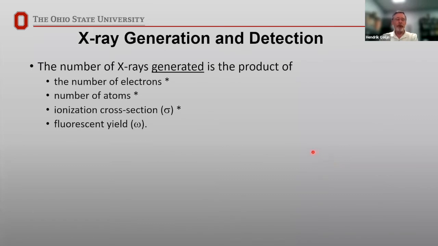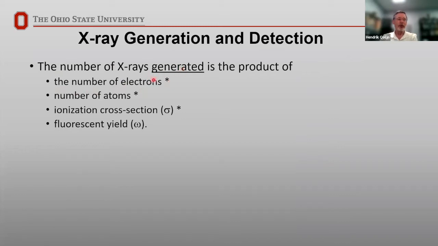So once we have this, we're basically interested in determining how many atoms or how much of some material we have in our sample. So we have to know how many X-rays we're generating. Well, obviously, the higher the current, the more electrons you get, so you'll get more X-rays.